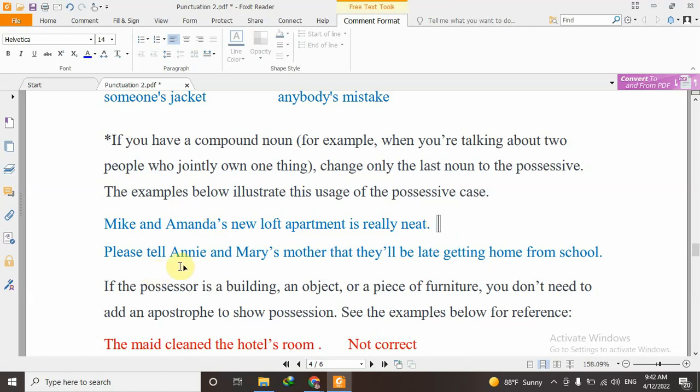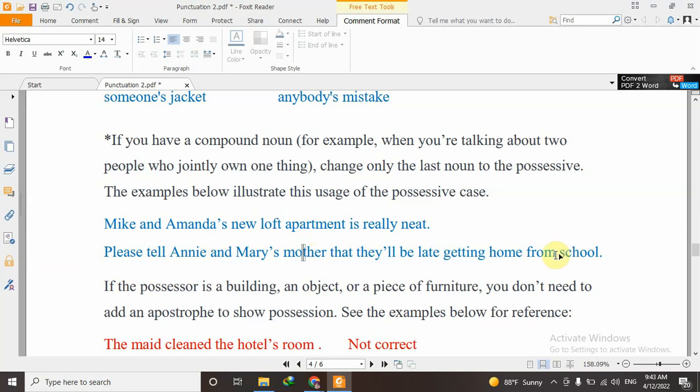Please tell Annie and Mary's mother, the mother of both of them. I am not talking about Annie, I'm talking about their mother. I can say tell their mother instead of Annie and Mary's, but I want to specify whose mother I am talking about. So, tell Annie and Mary's mother that they will be late getting home from school.